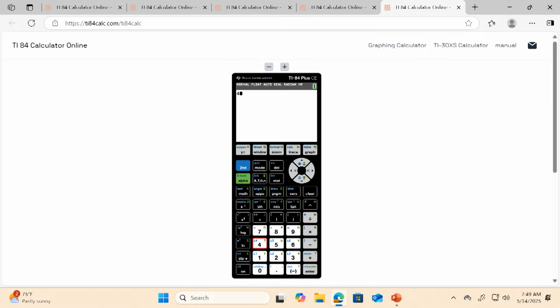So I'm going to do 4 to the -1 and turn that to a fraction. 4 to the -2 and turn that to a fraction. And then 4 to the -3 and turn that to a fraction.